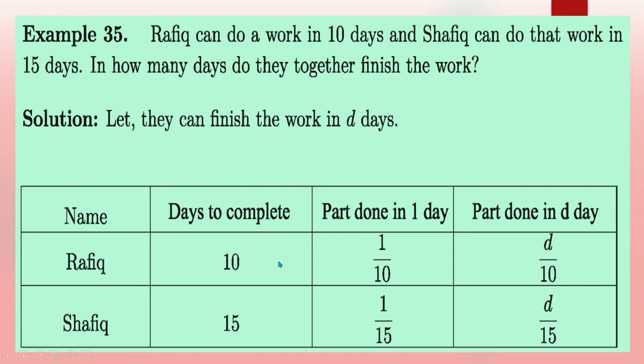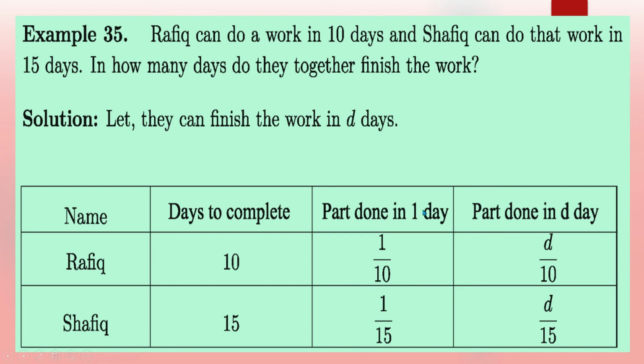That means in 10 days Rafiq can do one work. So in 1 day Rafiq can do 1 divided by 10 of the work, and in D days he can do D divided by 10 part of the work.